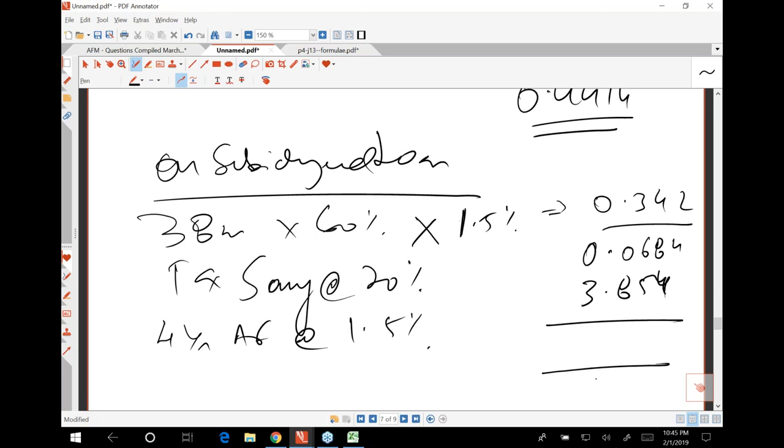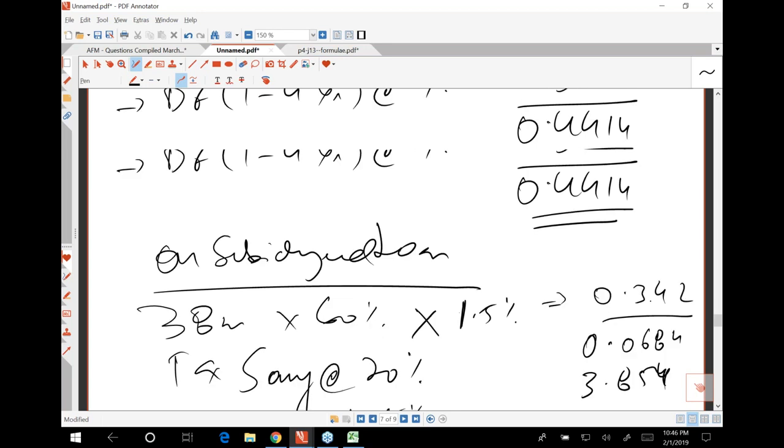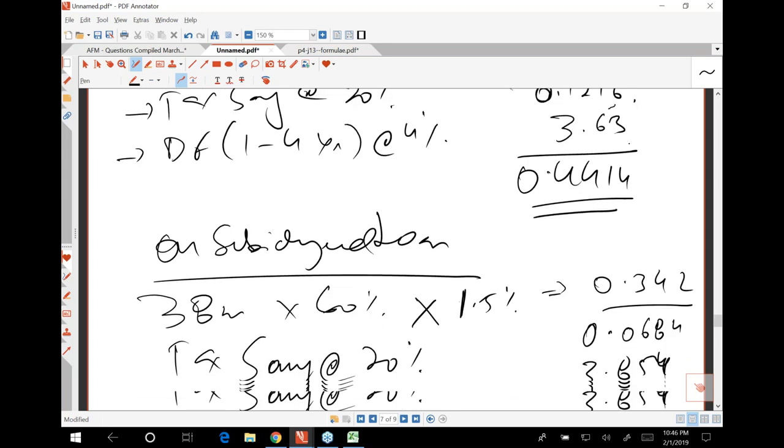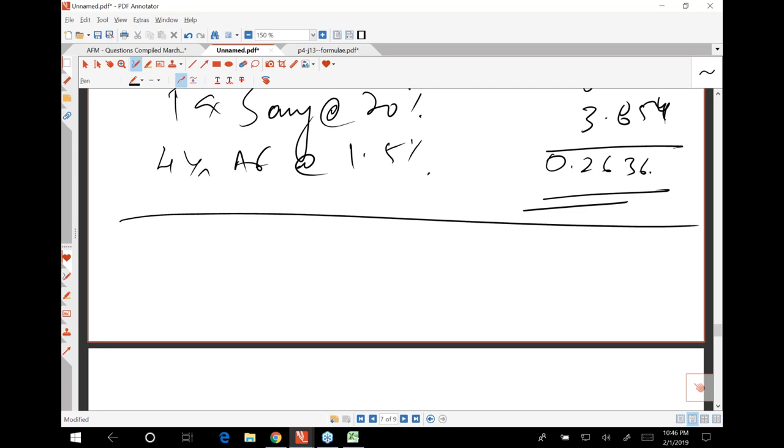Okay, so how much is it overall? 0.2636. Okay, 0.2636. Now, what have we done up till now? We have calculated the tax saving due to interest on the normal rate loan and on the subsidized rate loan.